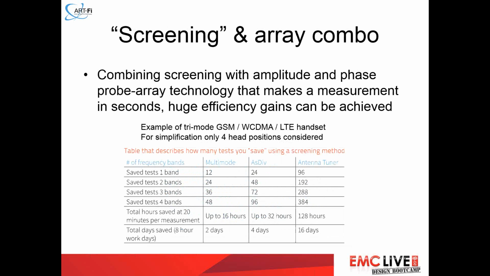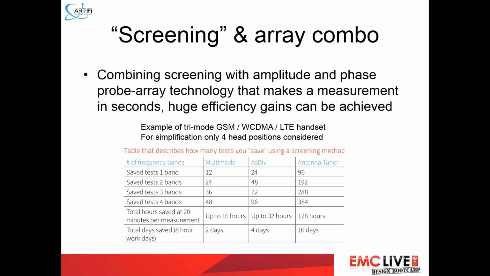Getting back to screening, we put a particular spotlight on arrays, because screening is particularly useful when combined with array systems, and you can reach very high efficiency gains in mobile phone development by combining the two. I give here in this table an example of a tri-mode GSM, WCDMA, LTE handset, and for simplification, I only consider a case with 4 head positions to go through.